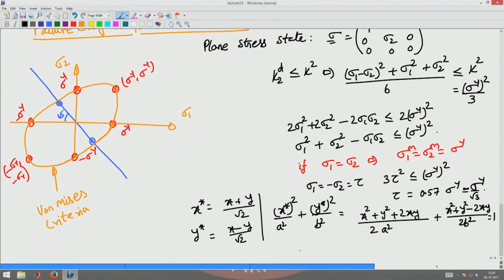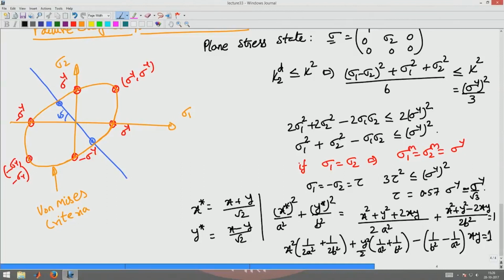Okay. So, now adding this you get x square into 1 by 2 (1 by a square plus 1 by b square) plus y square into 1 by 2 (1 by a square plus 1 by b square) plus (1 by a square minus 1 by b square) xy equal to 1.